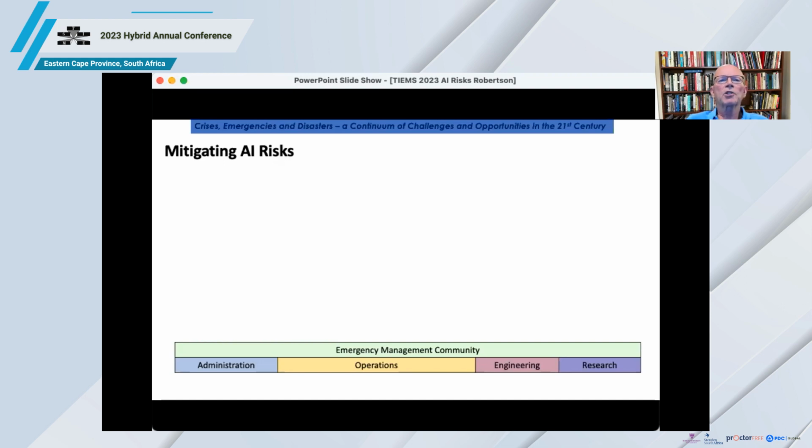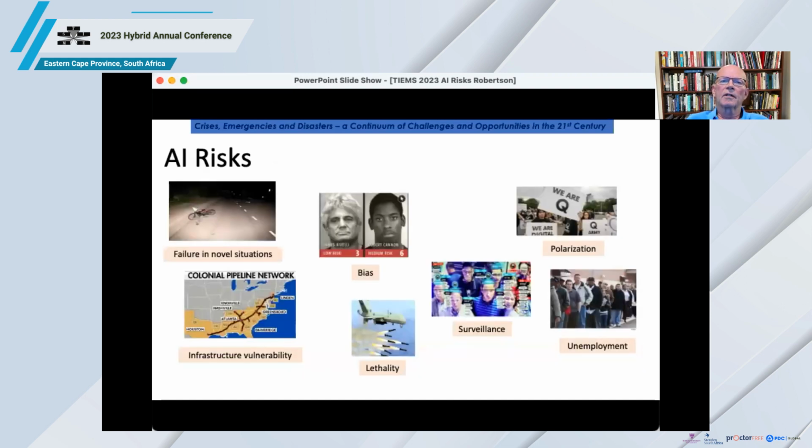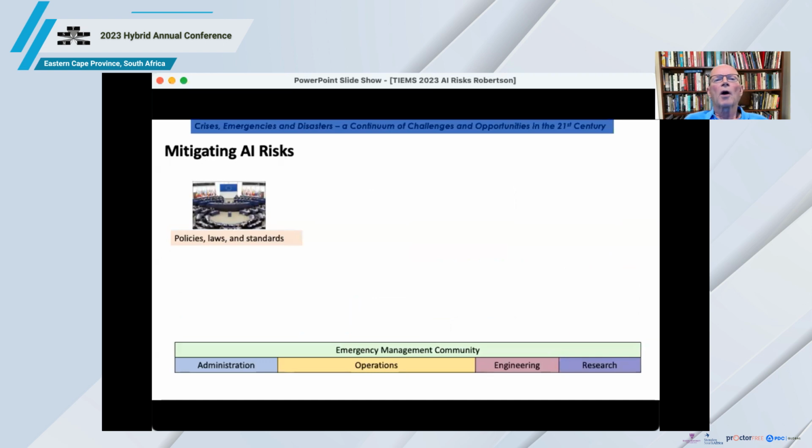From an administration standpoint, policy, laws, and standards are currently being developed. There are activities in Europe, in the United States, and in the Far East to create safeguards and guardrails that will prevent some of the downsides of AI.